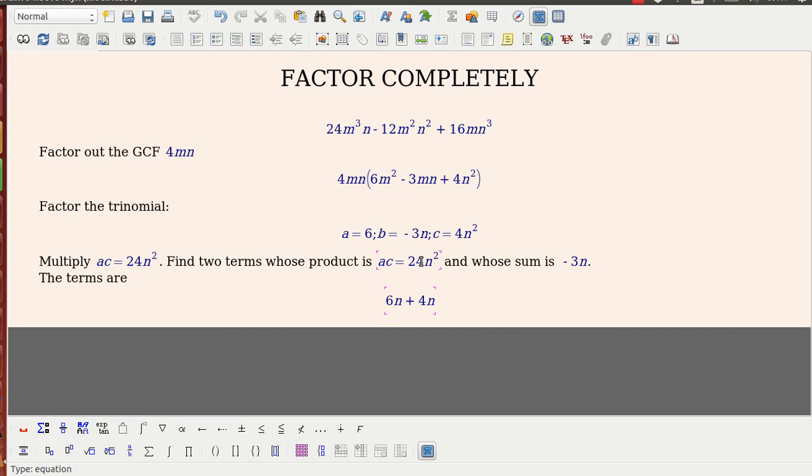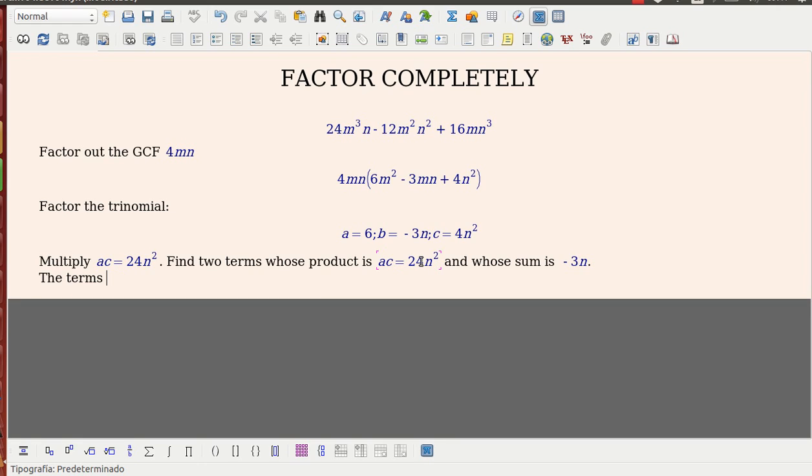No. Another pair: 8 and 3. No, it doesn't work as well. There's another pair: 24 and 1.